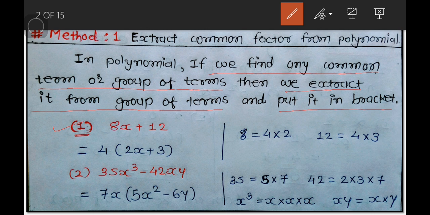Here the first example is 8x plus 12. So in this polynomial we factor each term and then we find the common factor from it.